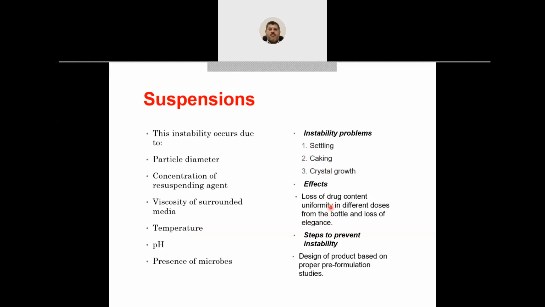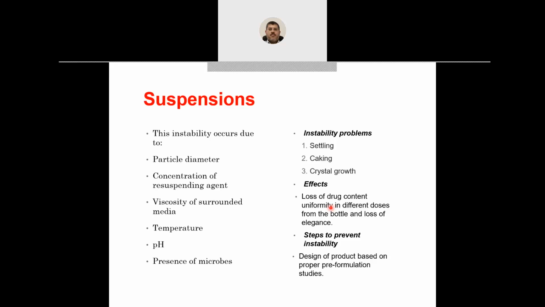Loss of drug content uniformity occurs because once you suspend, the active ingredient particles may not be suspended uniformly and spread in all the aqueous medium. They may settle quickly, so the amount you take doesn't contain the right dose. You are prescribed to take, for example, 10 ml of this suspension.